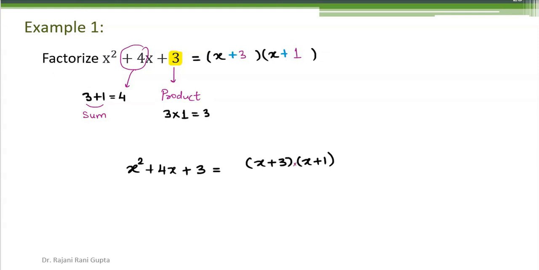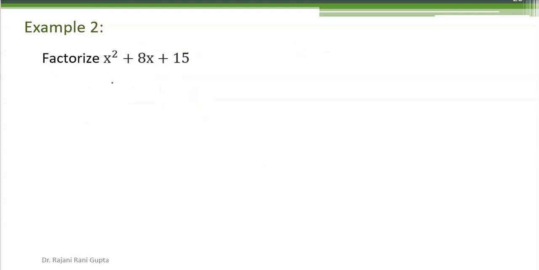Okay, let's do another example: x squared plus 8x plus 15. Again, since here it is x power 2, we can write it in two brackets. The first term is x. Both signs are positive, so we write positive.